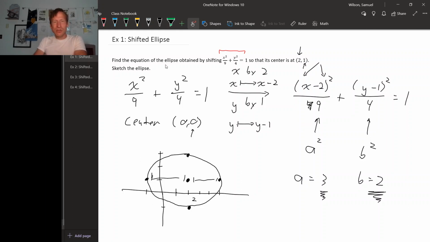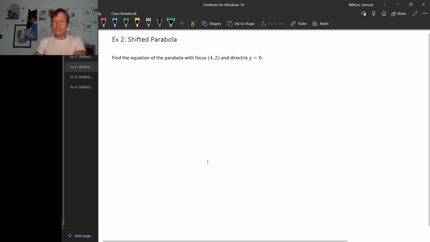All right, let's look at a few more examples of coming up with equations for conic sections using this shifting idea. So for this example, let's find the equation of a parabola whose focus is at (4, 2), and that has directrix y equals 0. So let's sketch this.